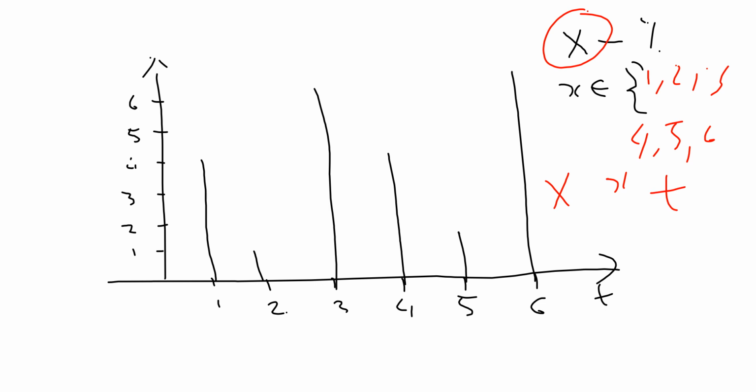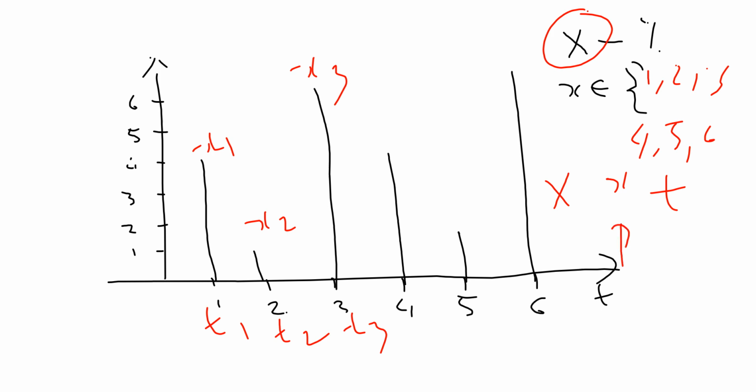The first time, at t equal to 1, I got a value, and that value is small x at t1. So I can call this x1. This is x2 at time t equal to t2, and this is x3 at time t equal to t3. Now for the probability: what is the probability of getting 4 when time t equal to 1?